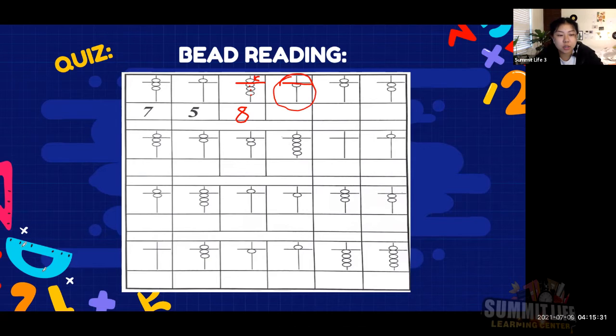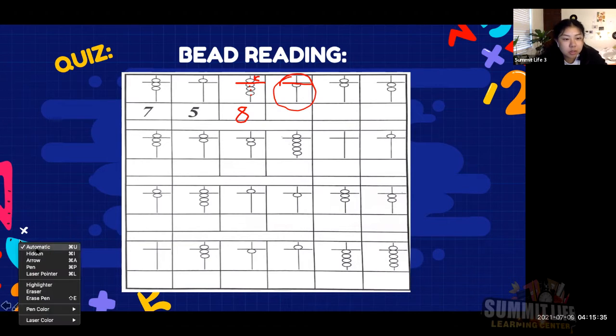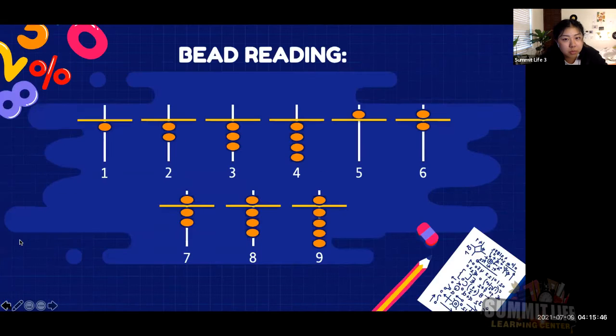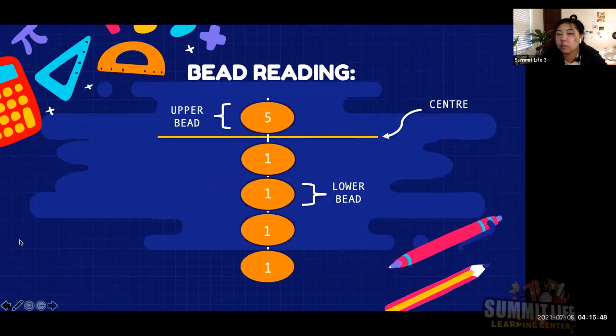Okay, let's do some review back then. I think you're having a hard time with this. Okay, so let's go back. Okay, so each top bead equals 5, right?